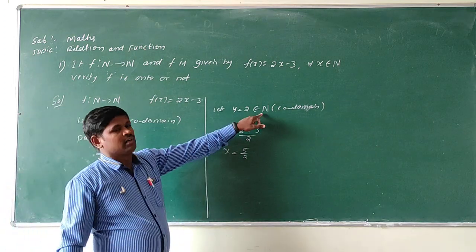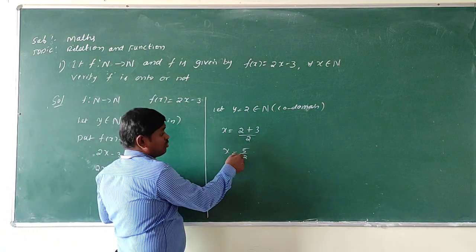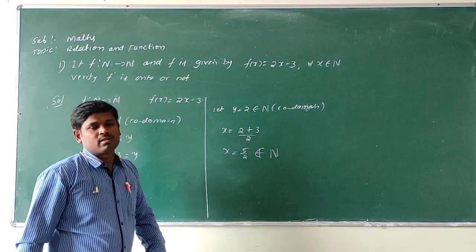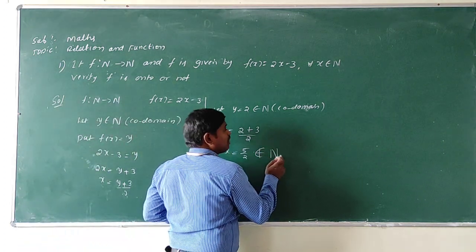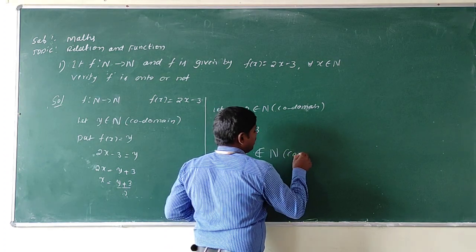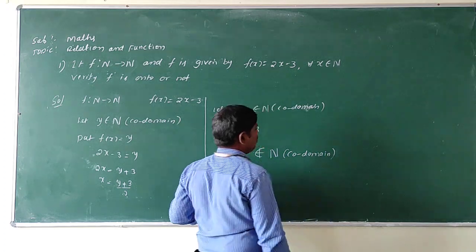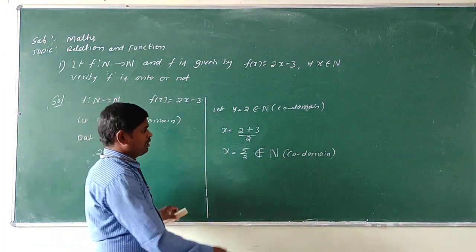So 2 belongs to natural numbers, but x is equal to 5 by 2 does not belong to natural numbers. That means it does not belong to the domain. Is it clear?